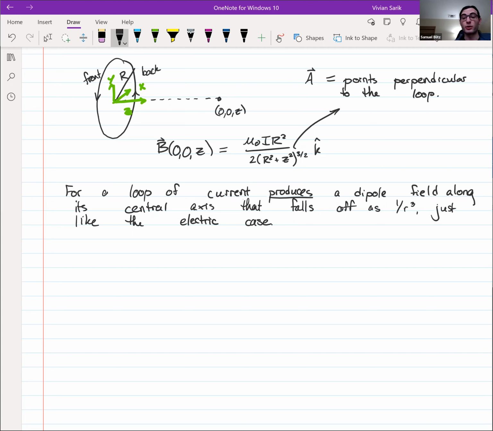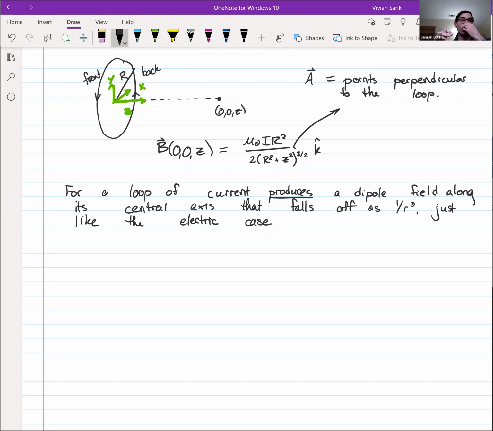And just like how you had a displacement vector for an electric dipole, the vector that points from the negative charge to the positive charge, the produced electric field along that direction was in the same direction. The same applies here. So the produced magnetic field points in the k direction, as does the area vector A.